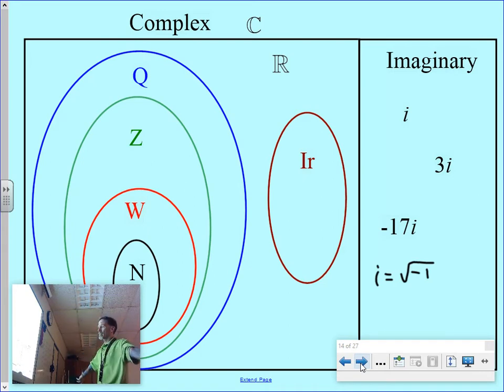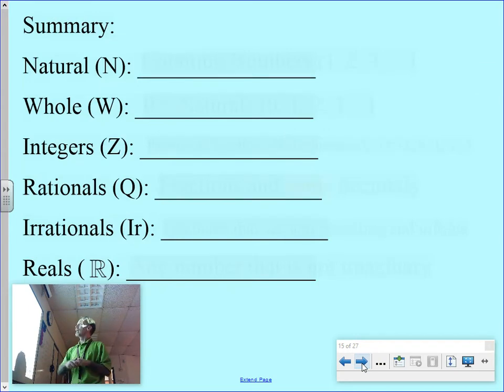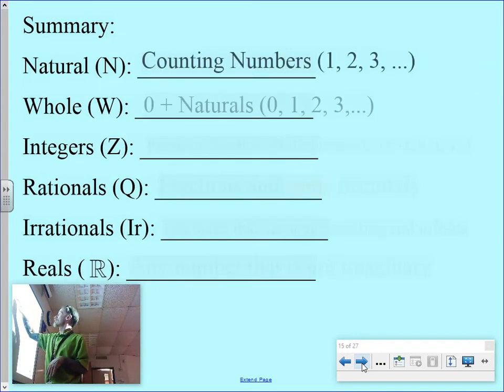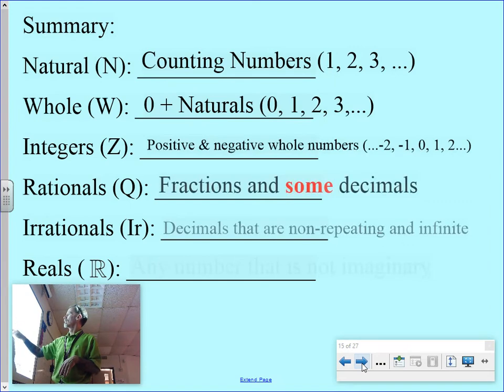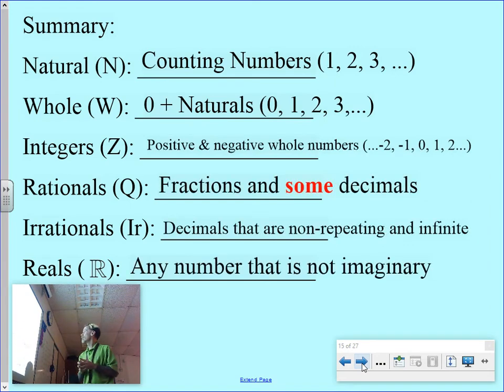And then if you combine real and imaginary, we have these things called complex numbers. Okay? So in a nutshell, just the summary of the whole thing, and I'll leave this up here. You can pause the video, take a picture if you need to. But those are your summary of the different classifications of real numbers. Okay?